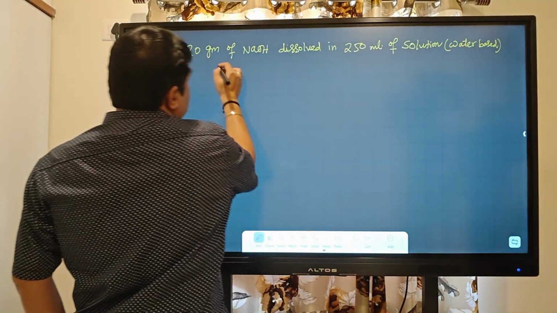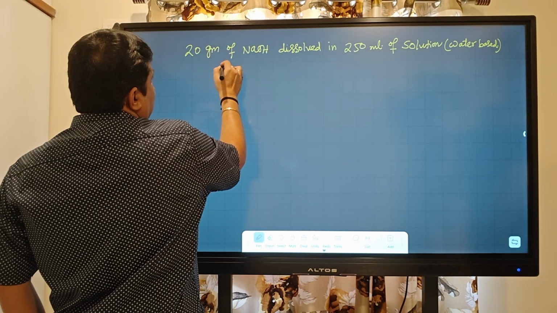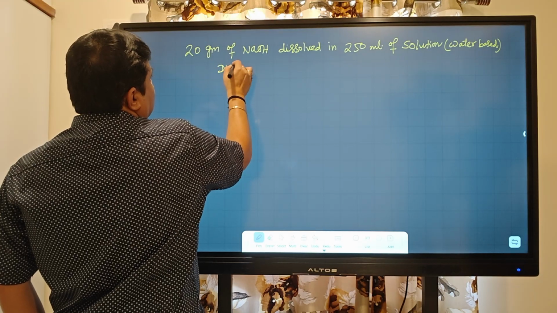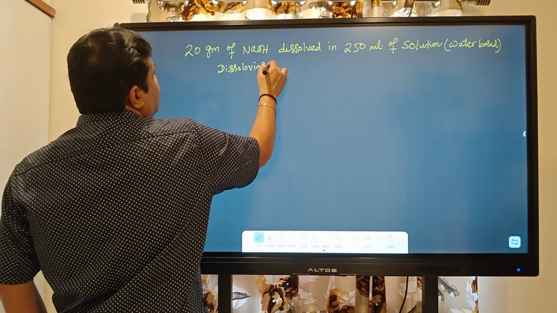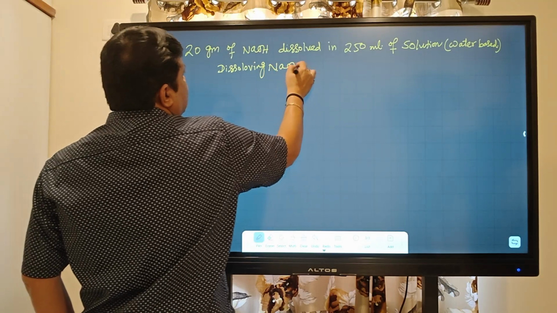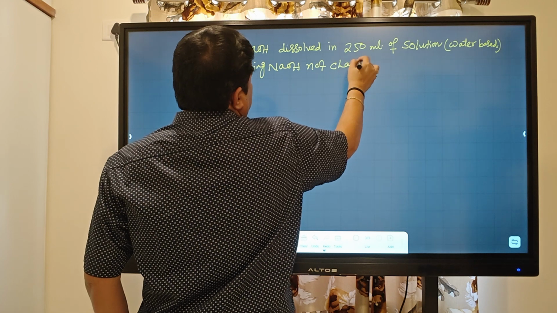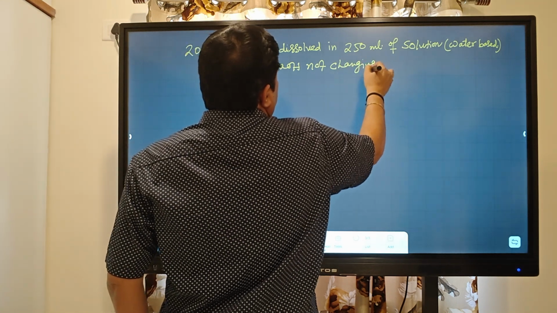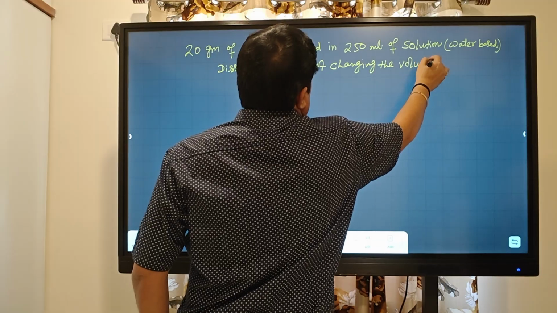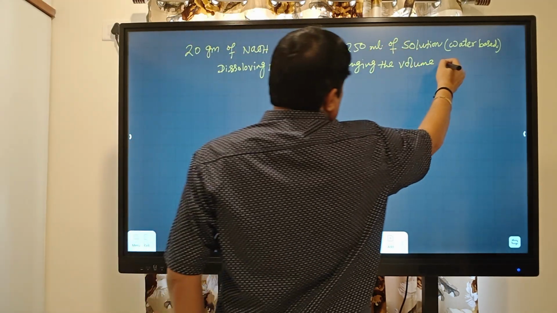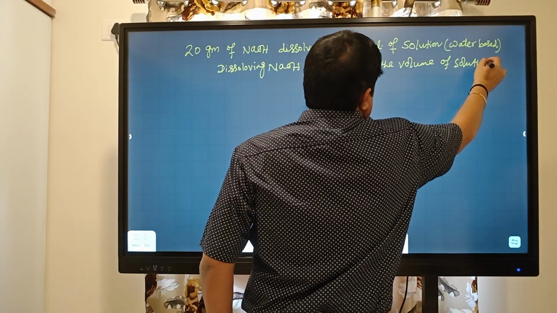And here I am telling the conditions also: for dissolving NaOH, not changing the volume of solution. Always this part you have to remember, not changing the volume of solution. Then simply we will do.